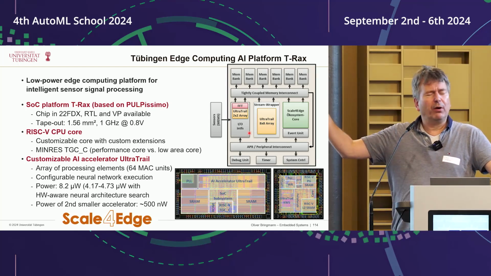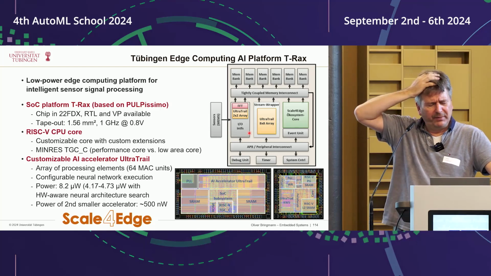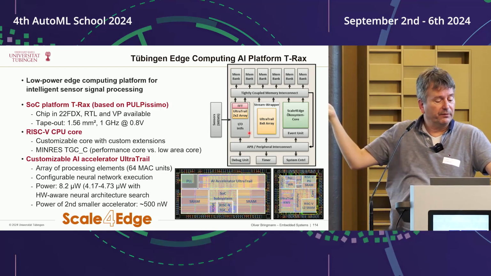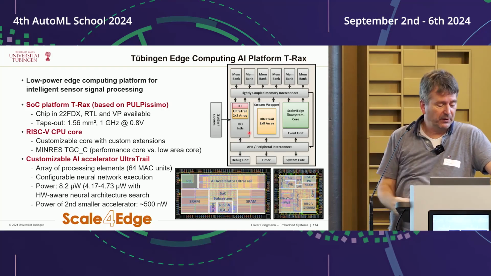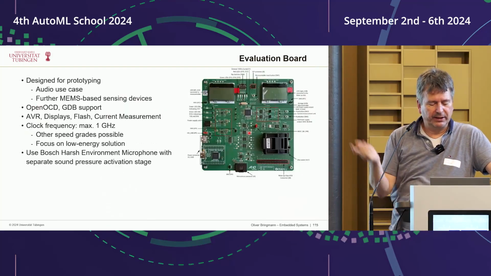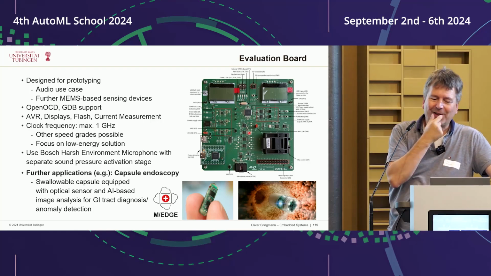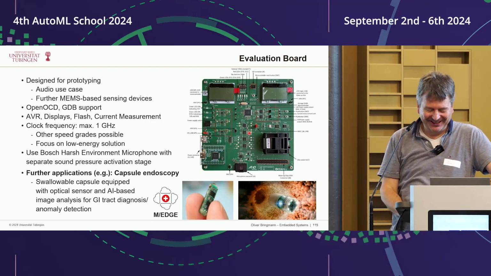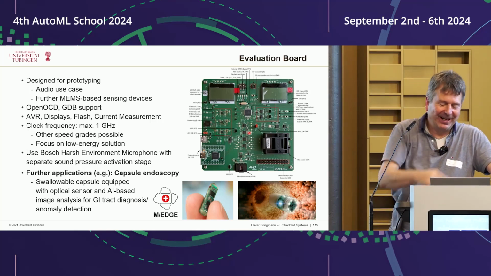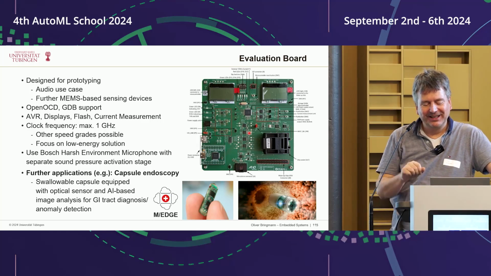It can go up to 250 megahertz, but that was not needed. It was just enough for real time, and that's quite good. Here's an evaluation board at the end. The next step, we would like to use the same for the capsule to do the video inference, and all the tooling we will see afterwards will help us here.